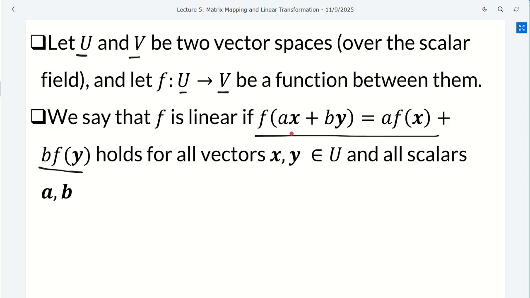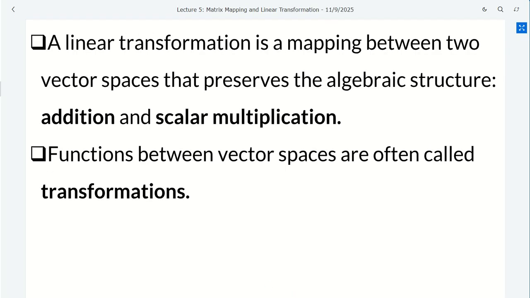If you look at it, the F is going to act on the first, and the A is still multiplying that function. That is the scalar multiplication. Then for the second part, we add it. So you see, our operations are being conserved. The addition and the scalar multiplication are still being conserved. That shows you that it's a linear transformation, because we need to obey the axioms of our vector space.